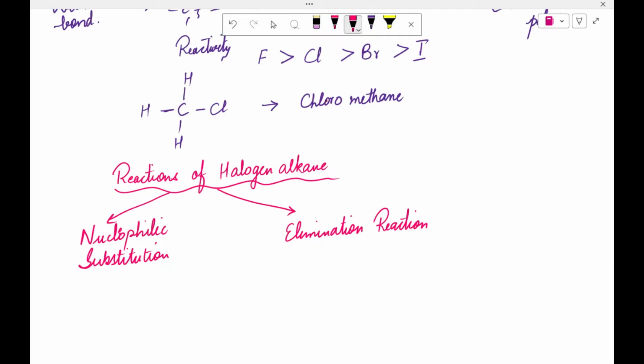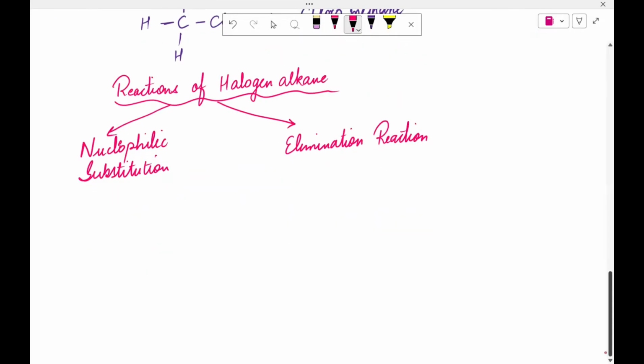Before going further, I just want to describe primary, secondary, and tertiary halogen alkane.